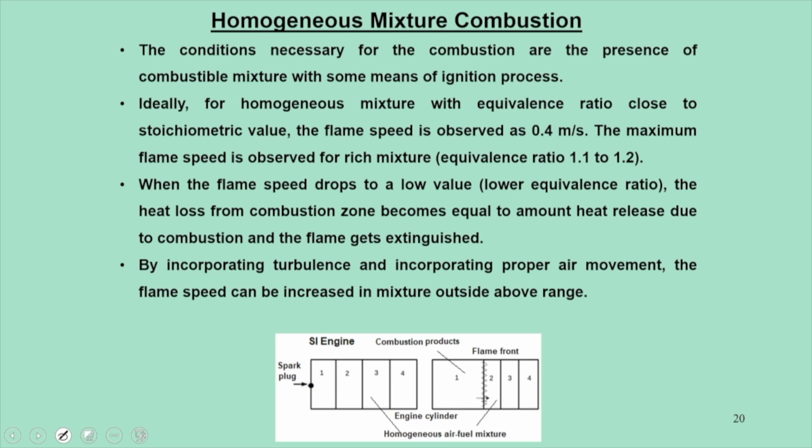For a homogeneous mixture, we typically have a flame velocity of the order of 0.4 meter per second. This is just to quantify with some number, and this is observed at an equivalence ratio of 1.1 to 1.2.